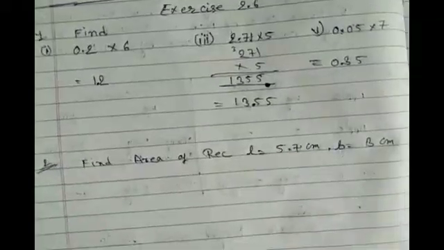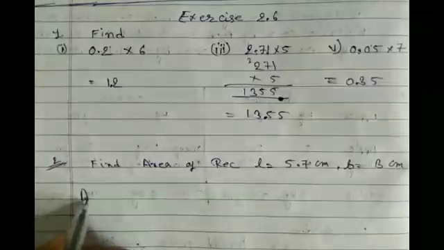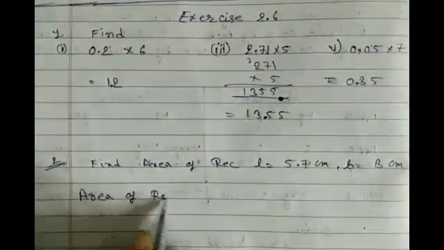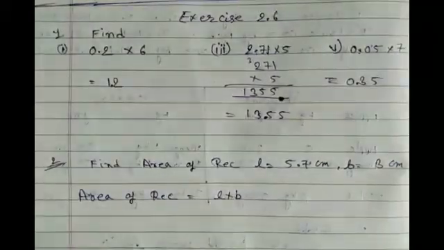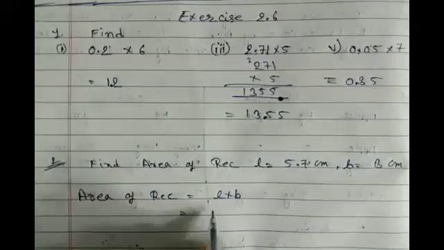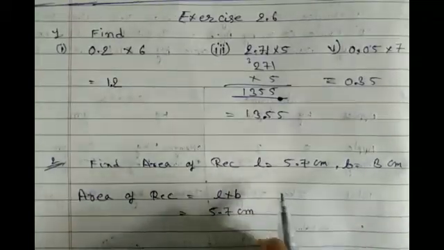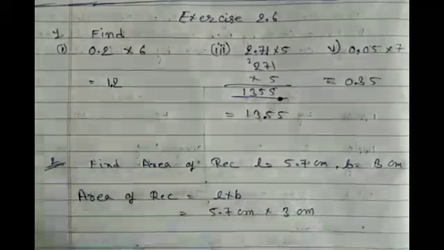As you all know, the formula for the area of a rectangle is length into breadth. So we write here, area of rectangle is equal to L into B. So we have to multiply 5.7 centimeter with 3 centimeter.